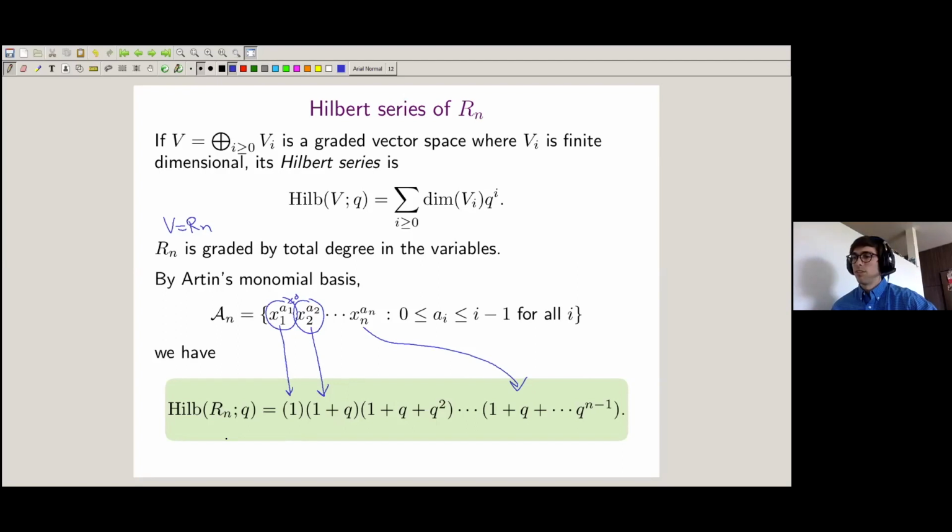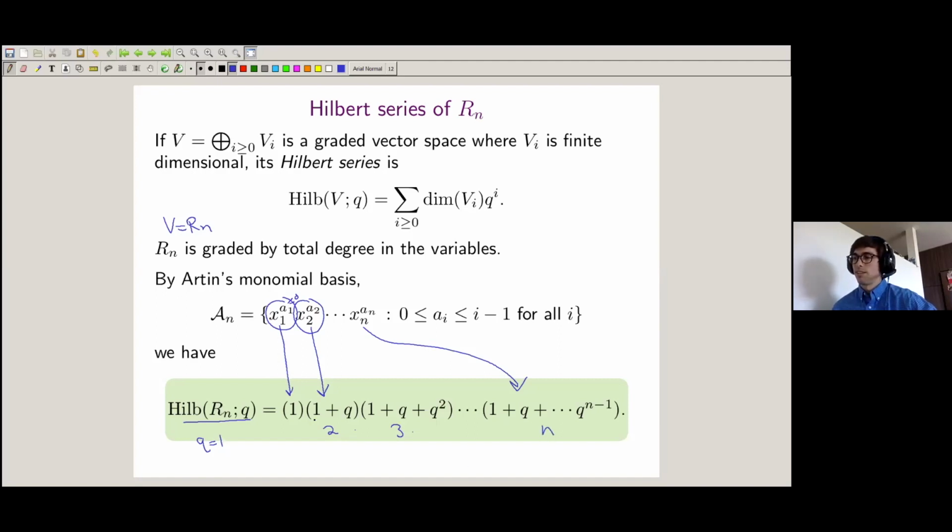And you can see that this refines the dimension formula that we had earlier, the n factorial formula, because if you set q equal to 1, the left-hand side just becomes the dimension, and the right-hand side just becomes 2 times 3 times, and so on up to n.